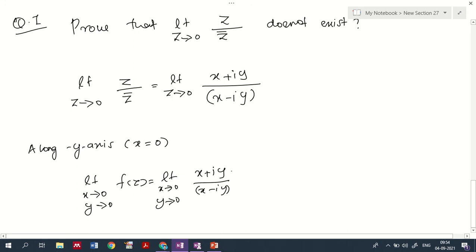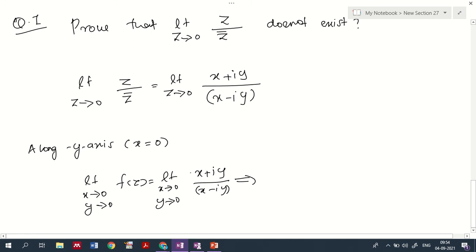So when you represent in this case, we said that x will be equal to 0, right? If that is the way, in this case x will be equal to 0, so you can substitute x is equal to 0 here.